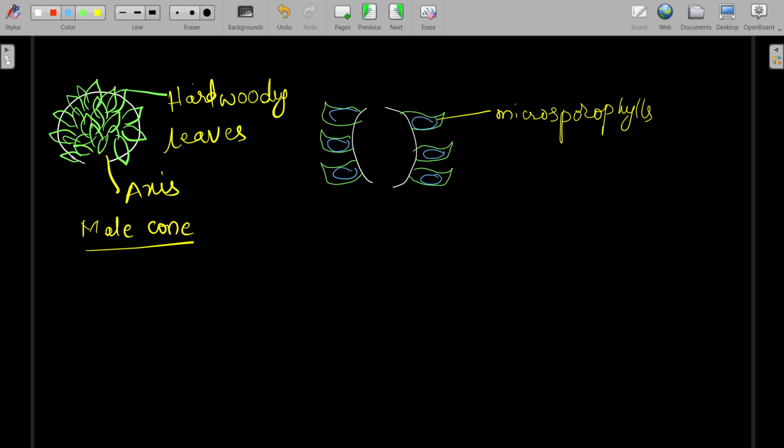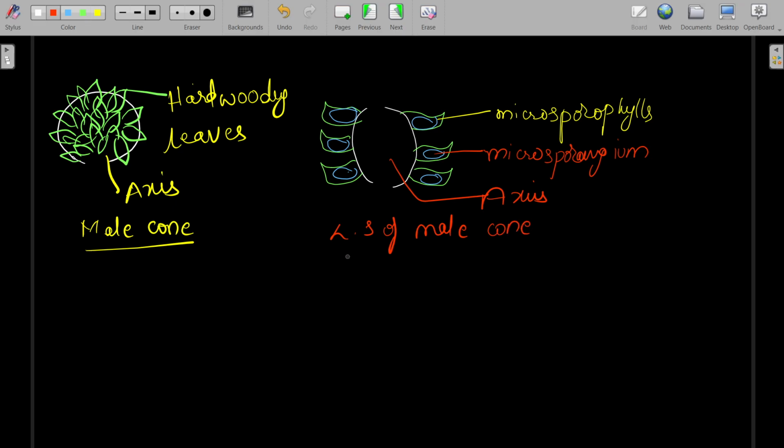The blue circles are microsporangia, or microsporangium. And this is the axis on which these leaves are arranged. So this is the LS of the male cone.